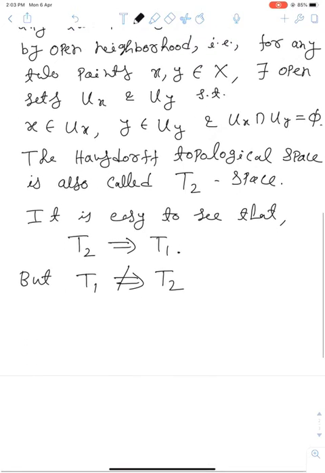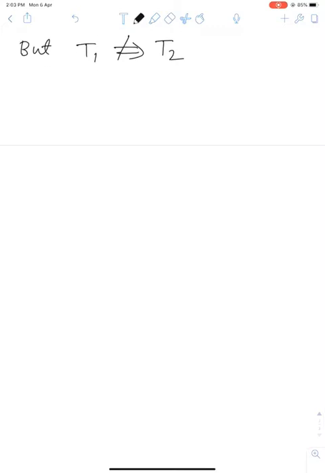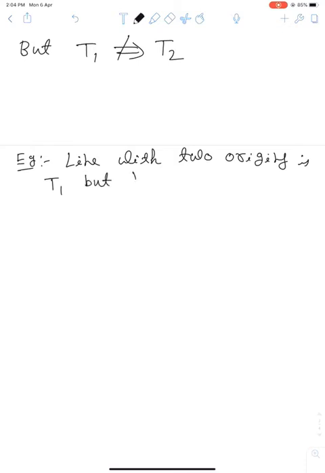One of the examples is the line with two origins. The line with two origins is T1 but not T2. So what is the line with two origins? We have seen that, right?